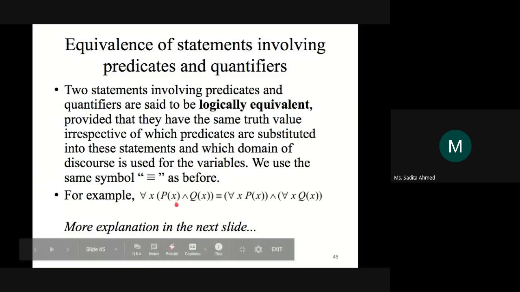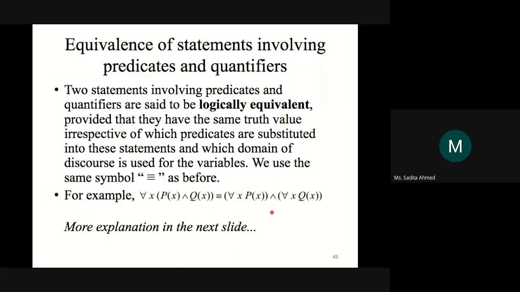Now, for this specific example, I'll show you how to prove that these two are equivalent by logical reasoning. Before that, remember that two statements are equivalent when we can prove that the biconditional between those two statements is a tautology. When will that biconditional be a tautology? When you can show that the conditional in both directions is a tautology, basically, right?